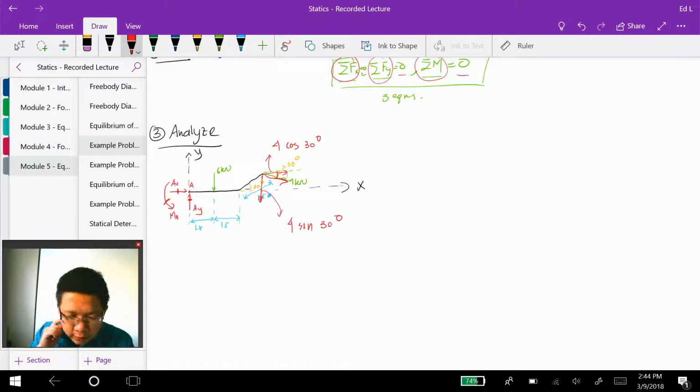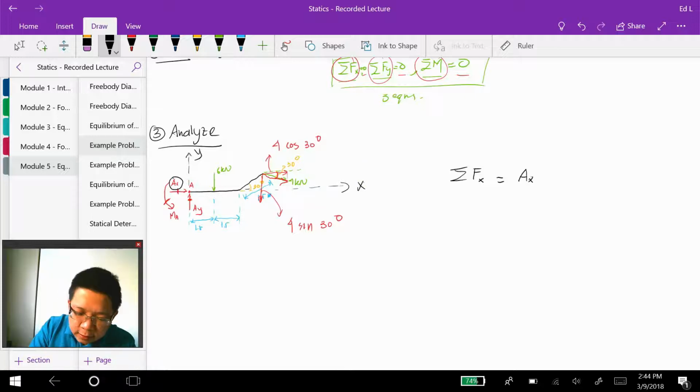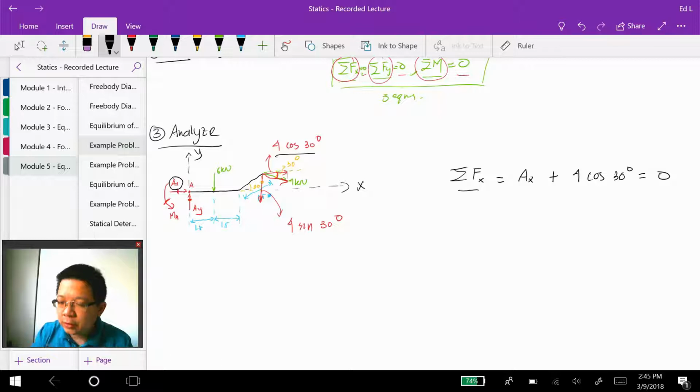And we can start to write the sum of the forces in the x direction right now. In here we have AX. This force only has a y direction, so it doesn't contribute to the sum of the forces in the x direction. And then we have this 4 cosine 30, plus 4 cosine 30 degrees, equal to 0.